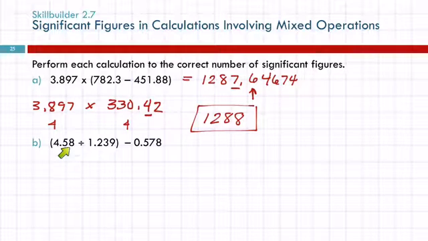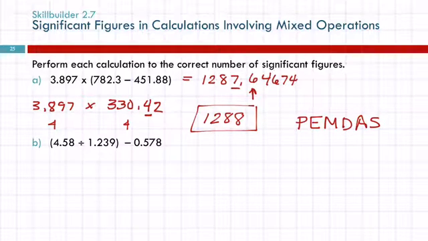Let's look at this one. Here we have a division that's in parentheses. You have to do that first. Do you remember order of operations, PEMDAS, or please excuse my dear Aunt Sally: parentheses, exponents, multiply, divide, add, subtract.